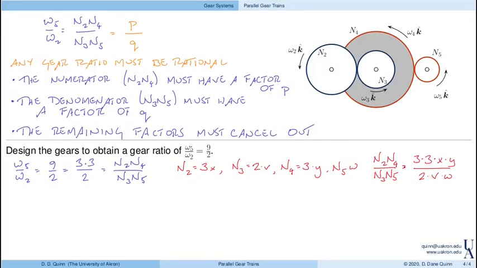So again, these things are all left to be chosen, but what I know is that if the overall speed ratio is 9/2, then x times y has to be equal to v times w, right? So that these cancel out. And this is not to say that x has to be equal to v or y has to be equal to w, right? But their products have to cancel out. So now, again, there's a lot of ambiguity here, right? We can choose these things in lots of different ways.